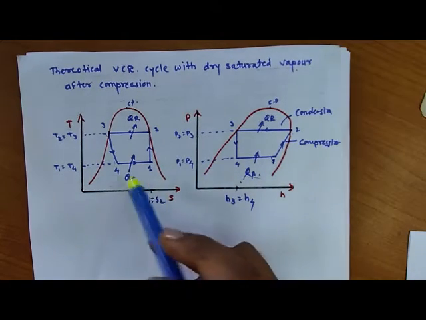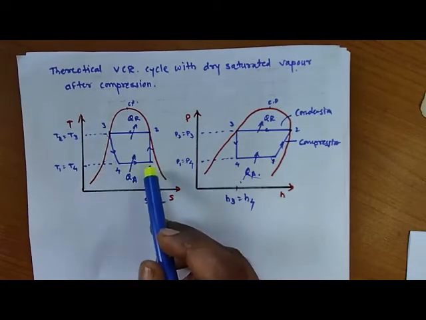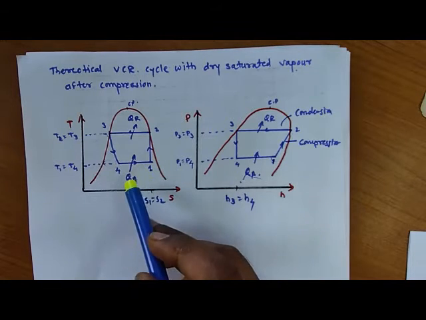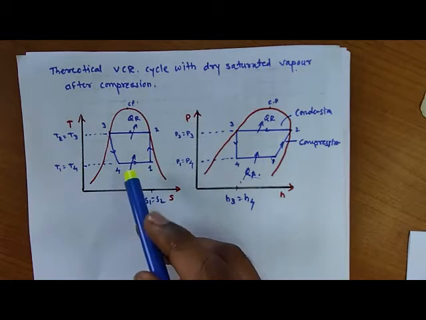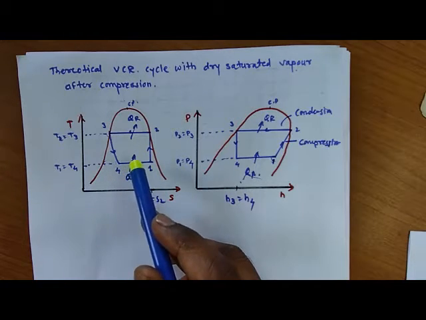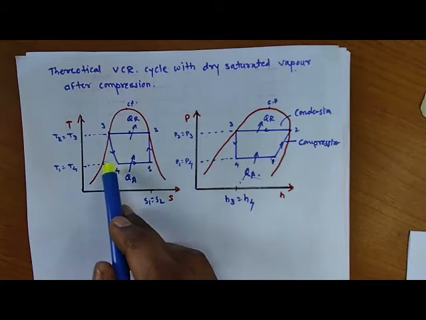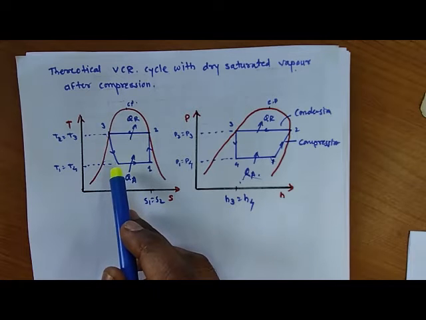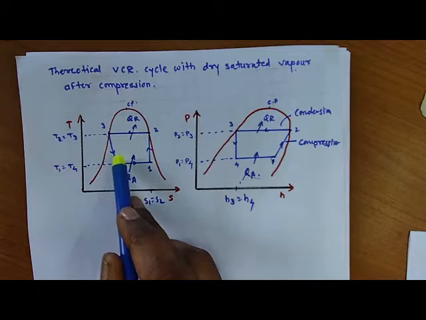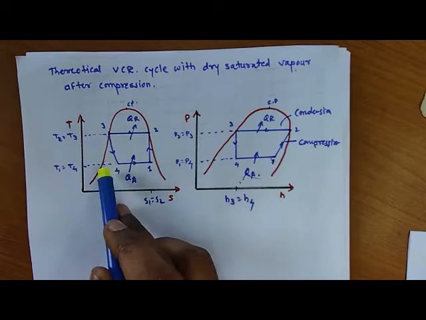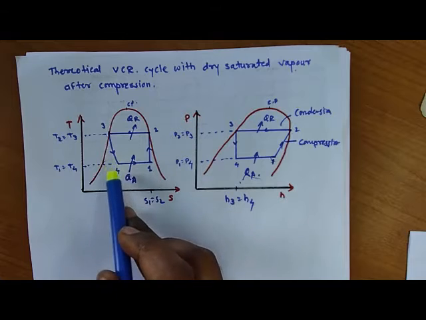So now about the evaporation process 4 to 1. So here latent heat of evaporation will be absorbed by the refrigerant, and the phase change will take place. But if you see here, obviously point number 4 is available as a liquid vapor mixture. So that's why this point is not on the saturation curves, it is available inside of the dome.